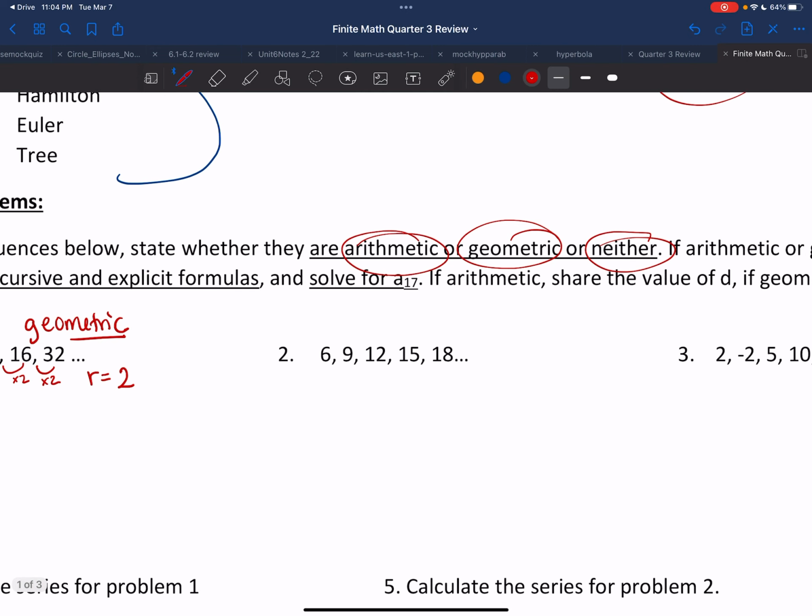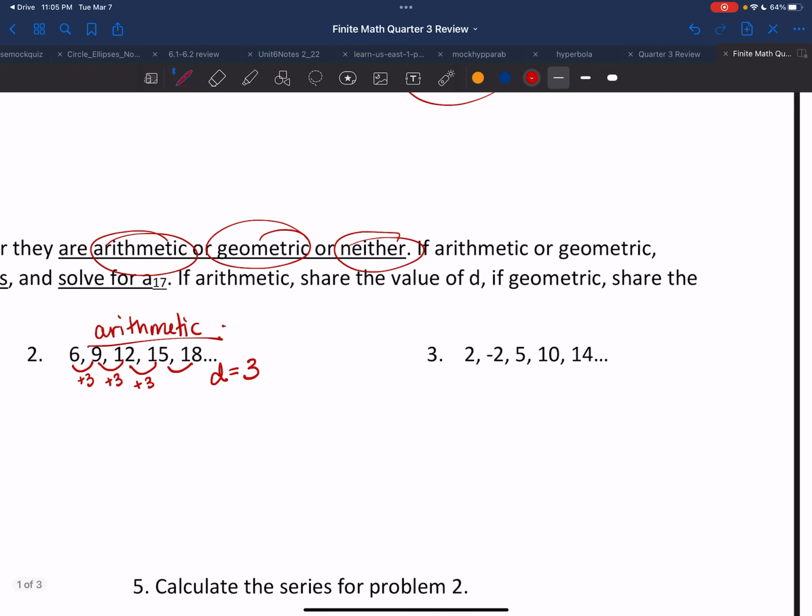Okay, let's take a look at this one. From 6 to 9, I add 3. From 9 to 12, I add 3. 12 to 15, I add 3, right? So you can go ahead and see that this is actually an arithmetic sequence. And so my difference between each one is d, and that's going to be the value of 3.